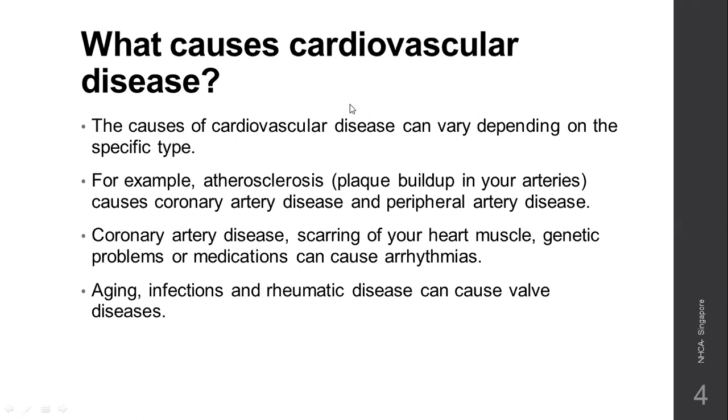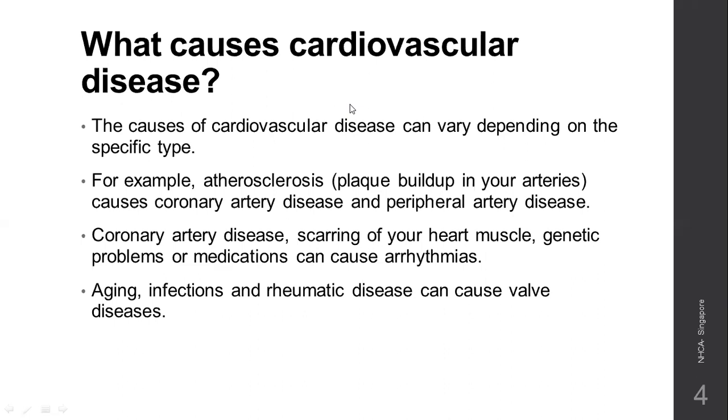So causes of cardiovascular disease, or the etiology, okay, it can vary depending on the specific type. For example, atherosclerosis, that is the plaque because of high cholesterol levels, plaque that builds up in your arteries, and it leads to coronary artery diseases as well as peripheral artery diseases.